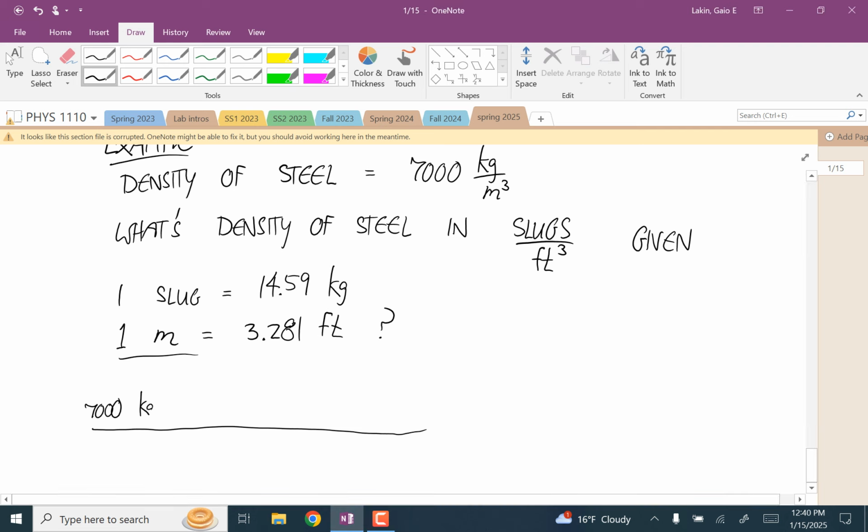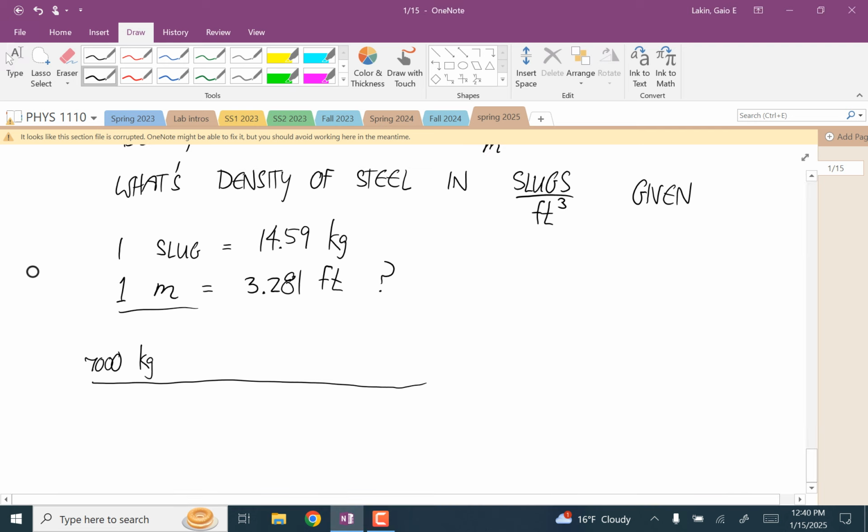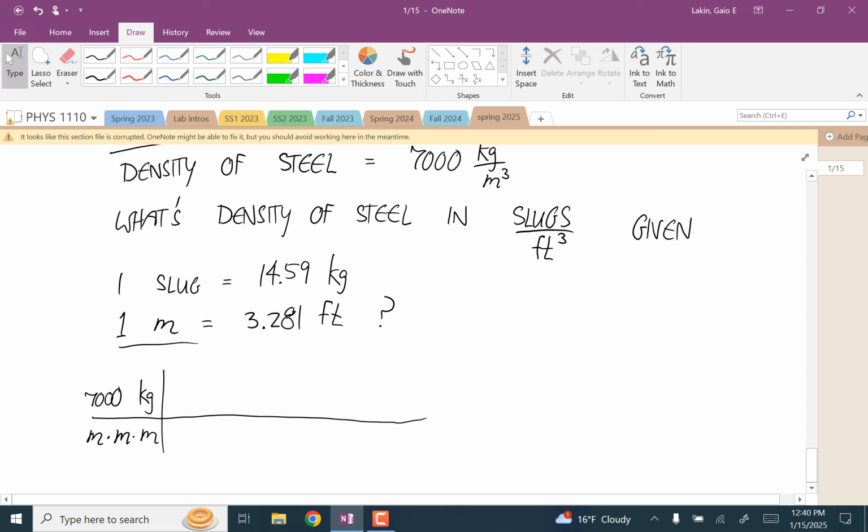Kilograms in the numerator. And in the denominator, I'm going to write it as meters times meters times meters. And I'll first go from kilograms to slugs. So we have 14.59 kilograms in the denominator and 1 slug in the numerator. So those cancel.